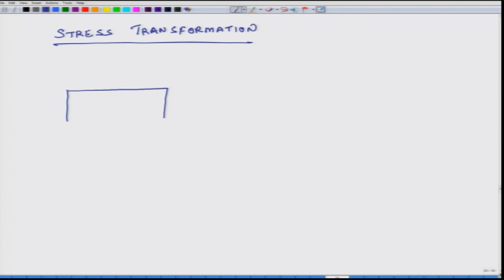So, now we will move to the next topic, and that is about stress transformation. We will talk about stress transformation, and also we will talk about strain transformation. So, what is the question? The question is that suppose I have a material, and let us say this is my L direction and that is the T direction.